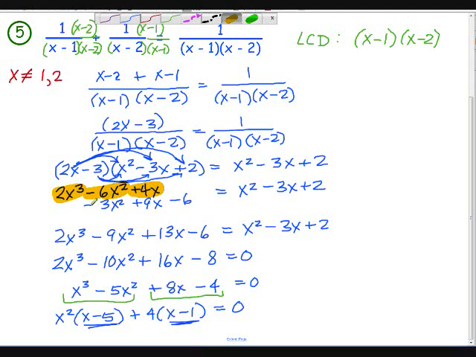Then I'll have negative 3x squared, a positive 9x, and a negative 6. I don't see an error yet. We add these together.